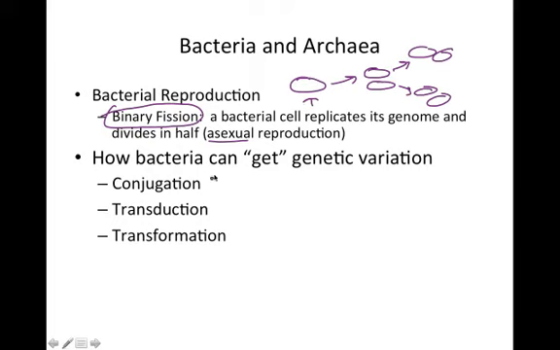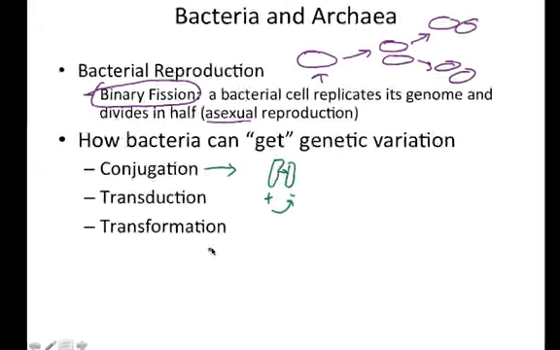There are other ways that the bacteria can get new DNA or genetic variation. Conjugation. Often you might see a conjugation tube. Two bacteria are literally side by side to each other. The plus bacteria will donate a plasmid to the negative bacteria, thus exchanging genetic information.